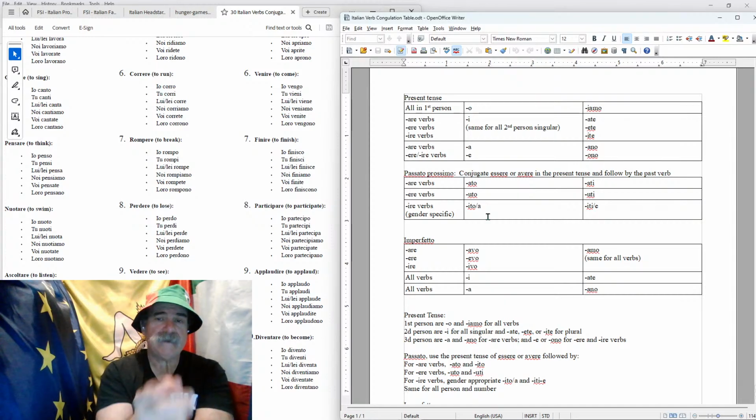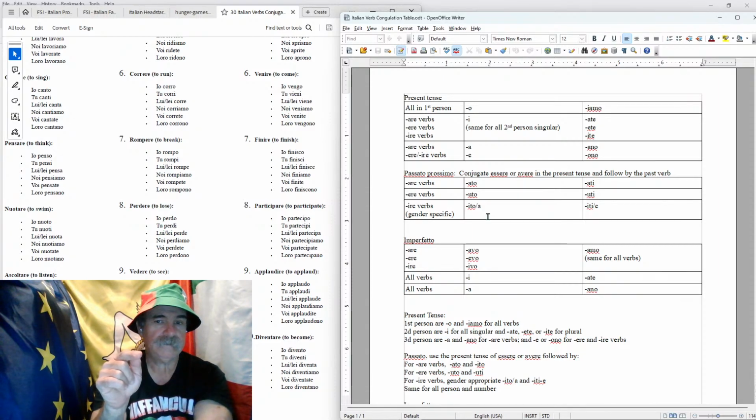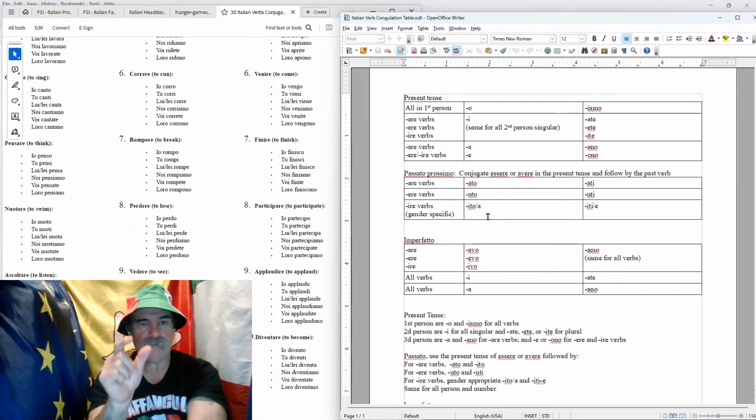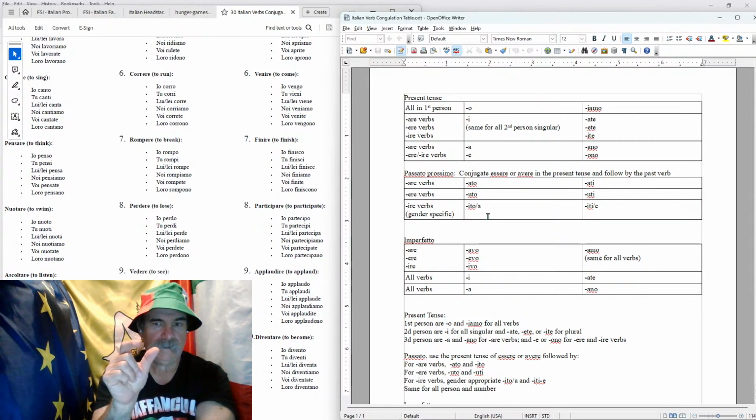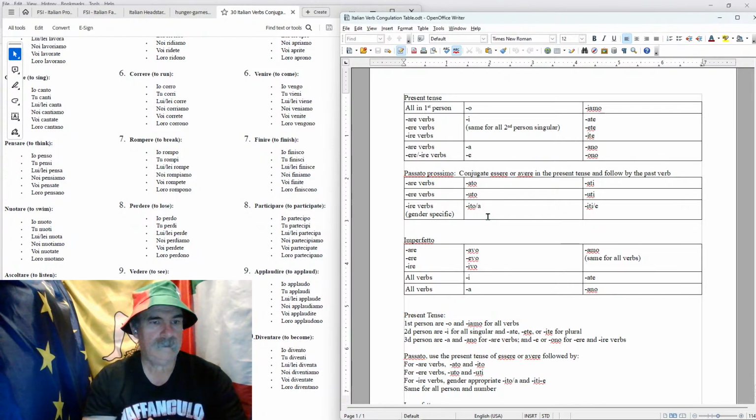And the nice thing about passato prossimo is you conjugate with avere or essere, but the action, the thing that was done in the past, will always be ato, uto, or ito, depending on the verb.